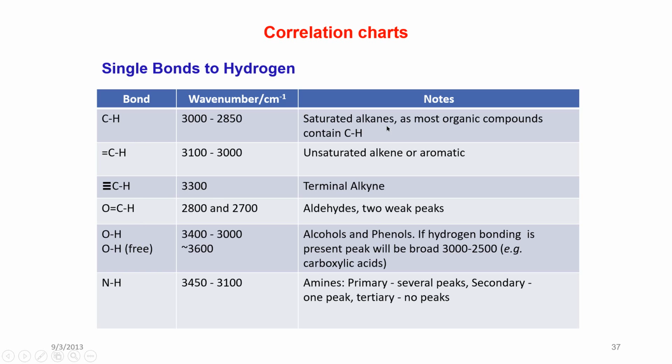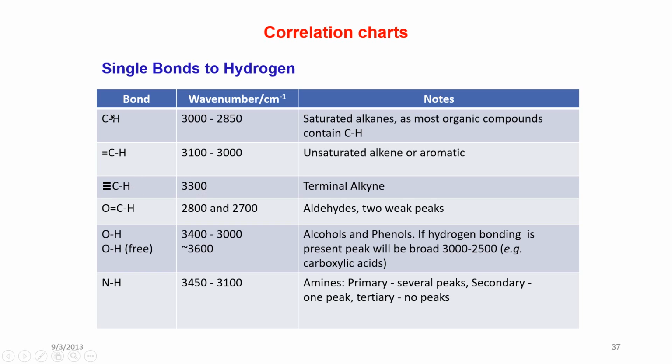The CH bond in case of saturated alkanes will occur around 3000 to 2850. Then the CH bond in case of sp2 hybridization, that is alkenes, will have a slightly higher value than the single bond. Similarly, triple bond carbon with hydrogen occurs at 3300.